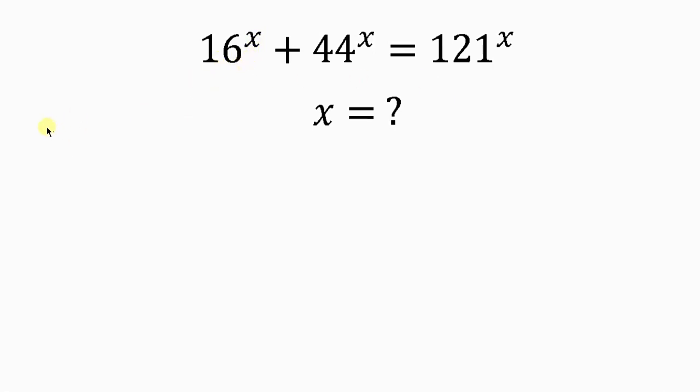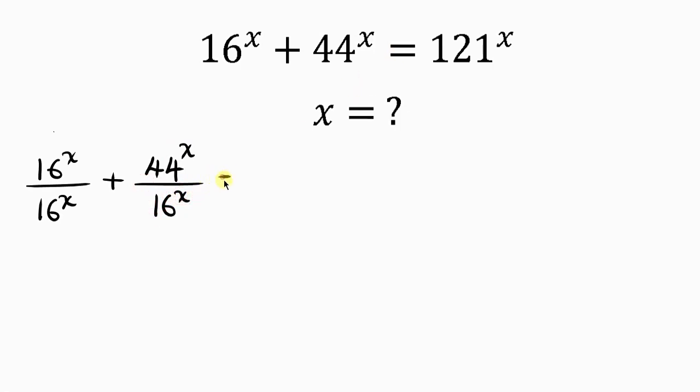So we have 16 to the x, we'll divide by 16 to the x, plus we have 44 to the x, we'll divide by 16 to the x. This is equal to 121 to the x. We also divide by 16 to the x.